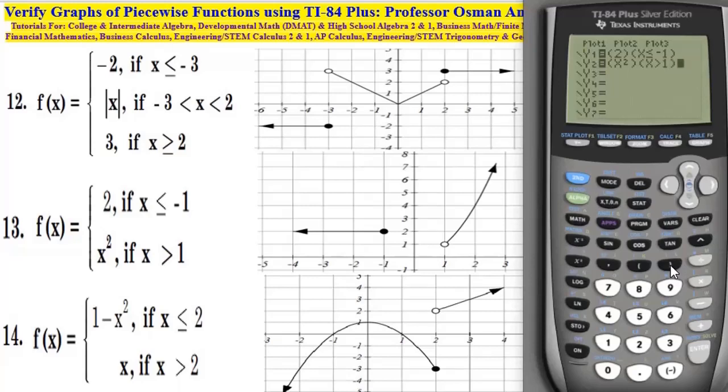So it is 2 if x is less than minus 1, and it is x squared if x is greater than 1.